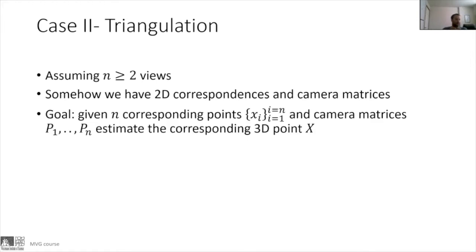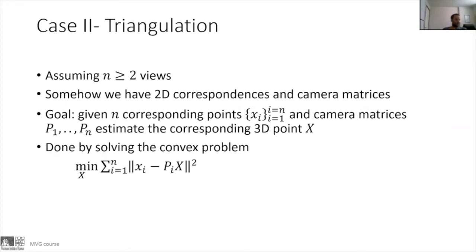So the goal in this case is, given the n corresponding points x_i, the projections of the 3D point, and the camera matrices, to estimate the 3D point, which is capital X. Actually, this can be done by solving a convex problem.